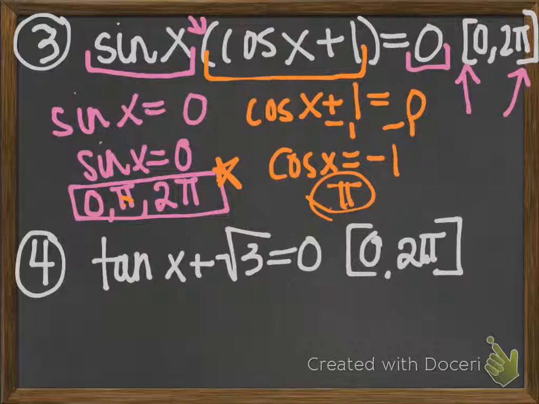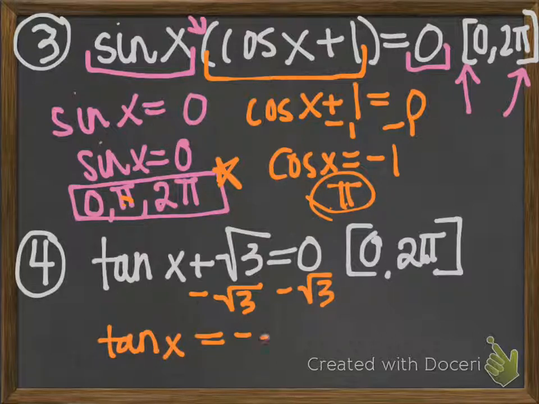And then this one, super easy, just a refresher for your test tomorrow so you remember. When you're trying to solve tangent x and you have something by itself, you want to subtract that and get it alone. And then just rewrite your tangent. No reason to change it. It's the only thing there, right? And then look at your handy-dandy little chart.